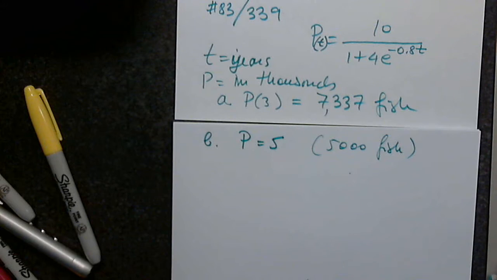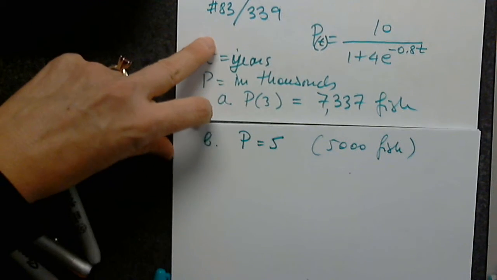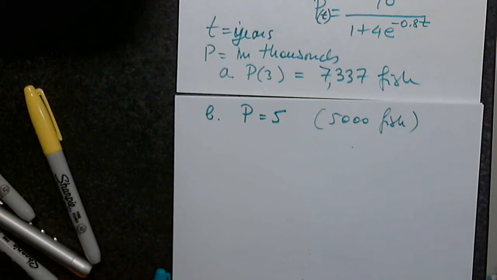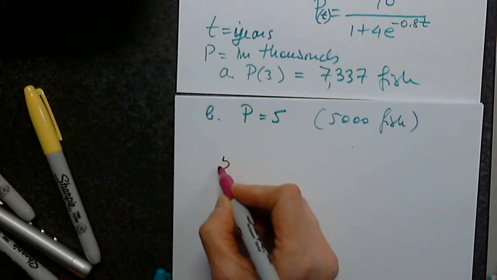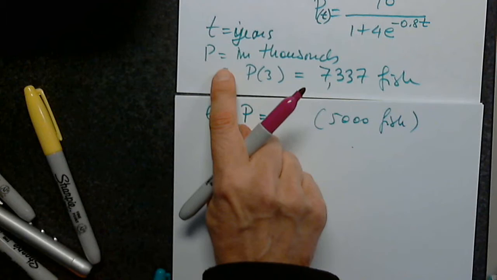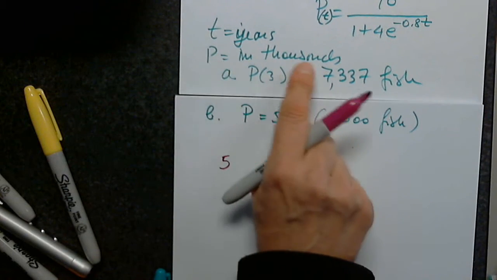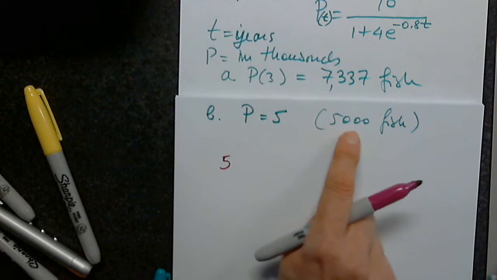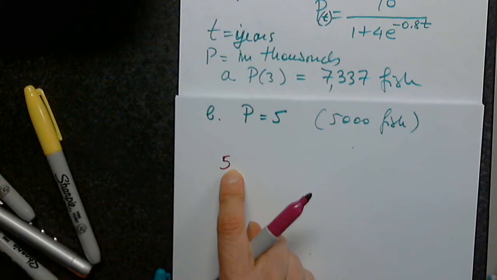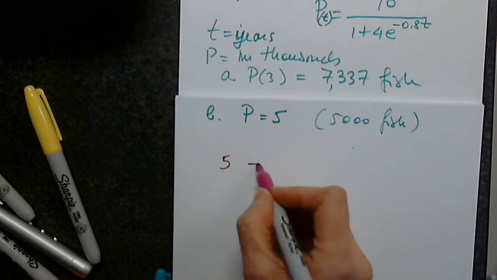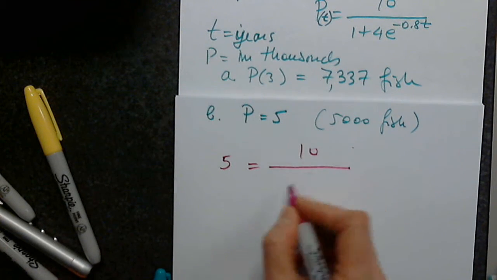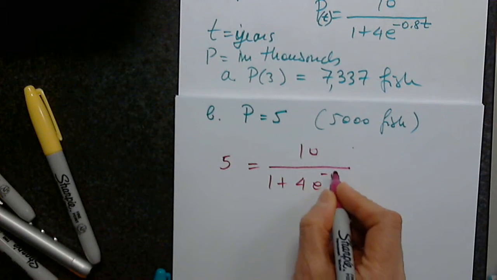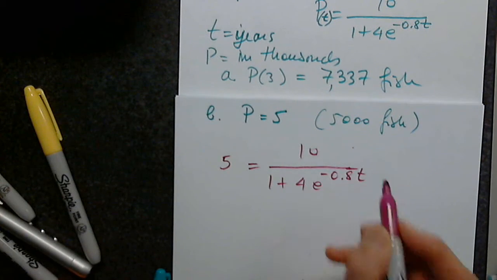How would you start? Well, I guess you write the equation. Yes, but since this is the trick here, it says P in thousands. So I cannot put 5,000, but I have to write 5 for P. Equals 10 divided by 1 plus 4e to negative 0.8t.